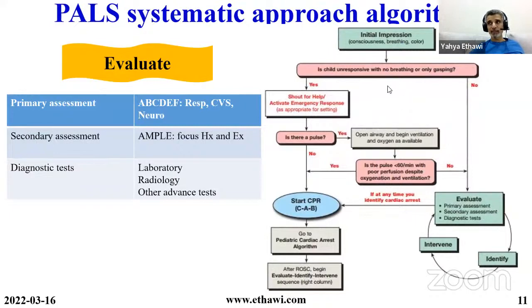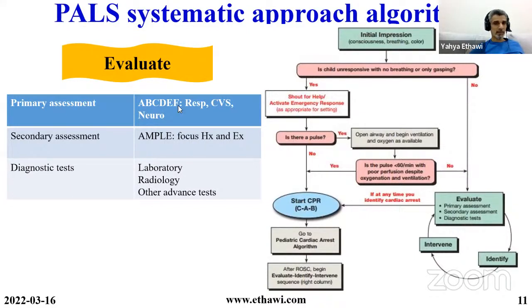When you do the assessment, it has three parts: evaluate, identify, intervene. What does evaluate mean? Evaluating a sick child has three components: a primary assessment, a secondary assessment, and a diagnostic test.